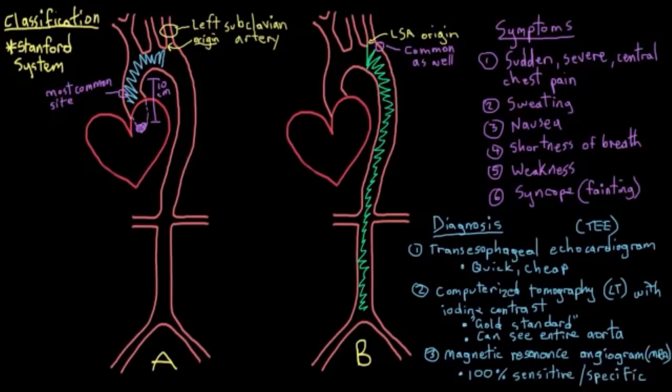So you can see the entire aorta, because the contrast is golden, and then you can see everything black and something very shiny inside. Also, we have magnetic resonance angiogram, the MRA, which is 100% sensitive and very specific.